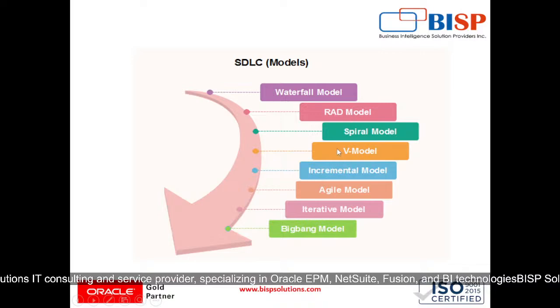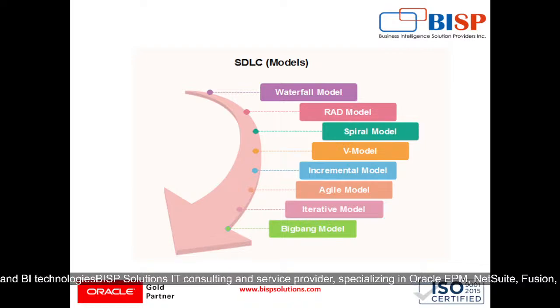Then the spiral model is used to build a custom integration between NetSuite and Salesforce with risk analysis at each step. And DevOps, or we can say Big Bang model, is used for continuously updating and enhancing a custom NetSuite instance for a SaaS company.